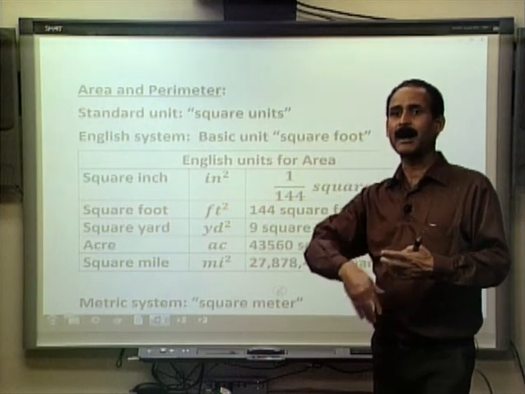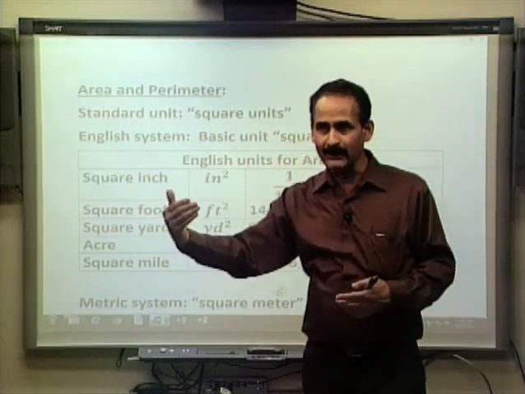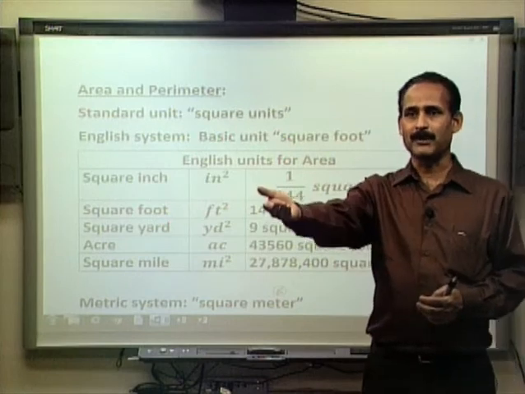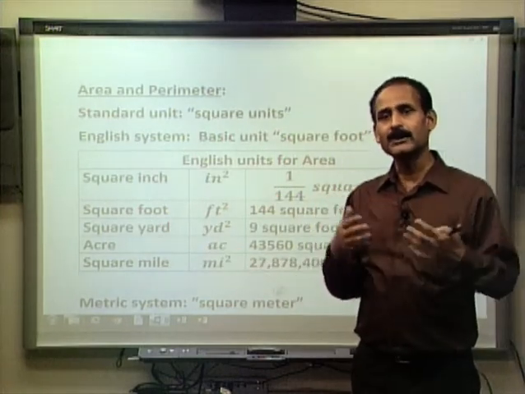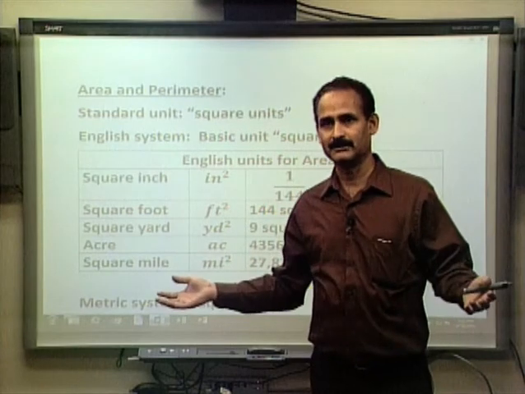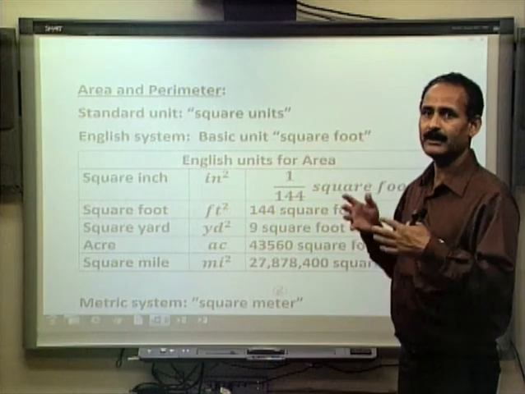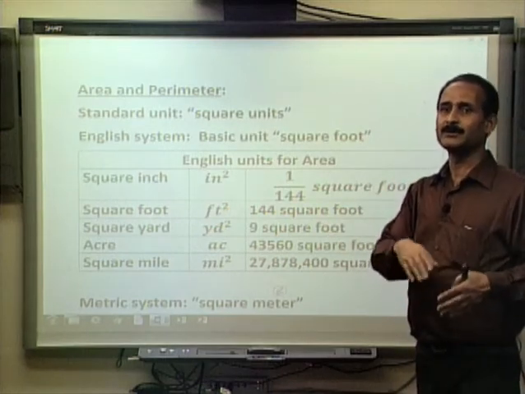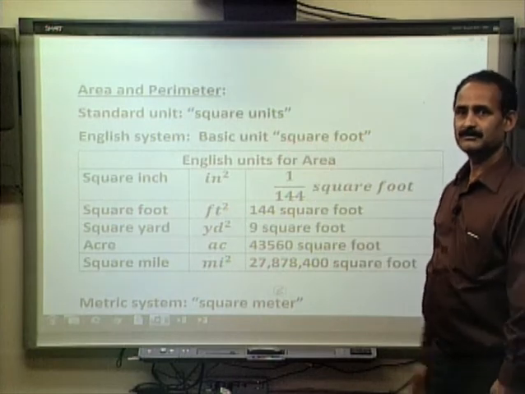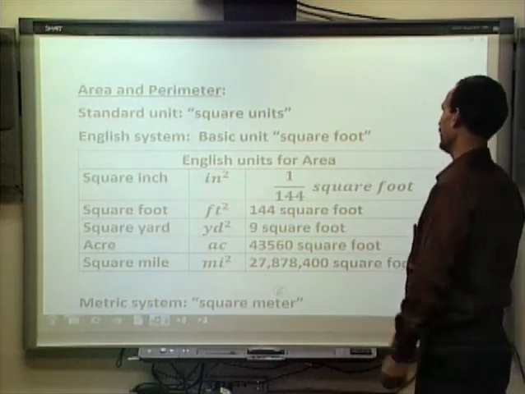If the unit of length is mile, the unit of area is square mile. If the unit of length is kilometer, then the unit of area is square kilometer. So the standard unit of area is square units. Whatever unit we are using, square unit will be the unit of area.